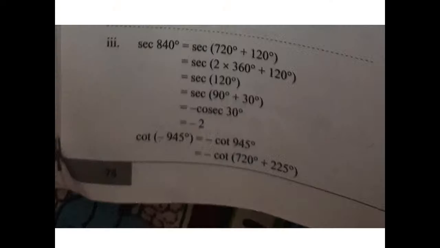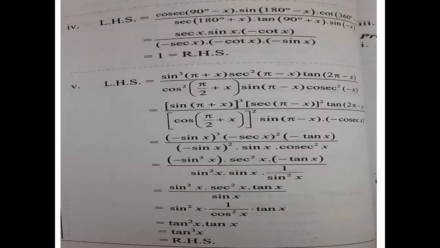Consider LHS, that is cosec(90 - x) sin(180 - x) cot(360 - x) sec(180 + x) tan(90 + x) sin(-x).